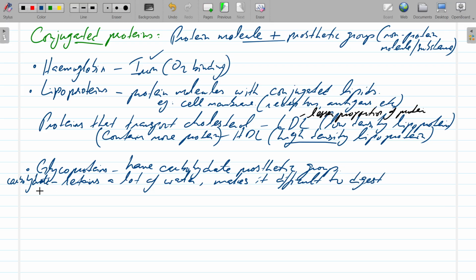And examples of glycoproteins are mucus, which, we are very well aware, has a lot of water content.